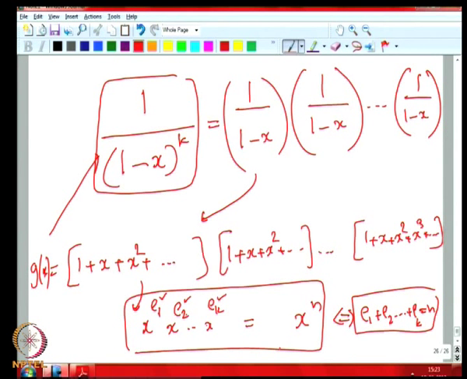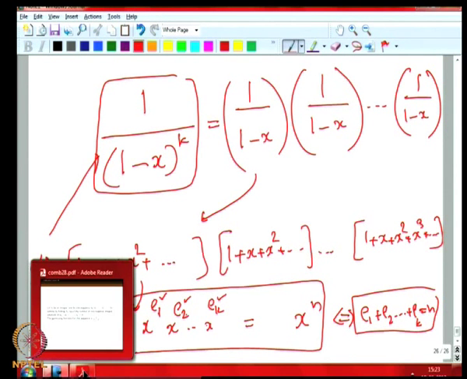This argument is very useful because we see how the coefficient of x raised to n is formed, in how many different ways x raised to n can be formed from the product. The first term gives something, the second term gives something, and the third gives something, and in various ways they form x raised to n. Every time an x raised to n is formed, they add up together.